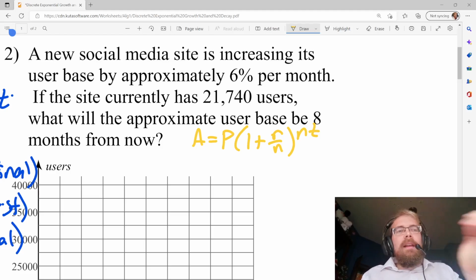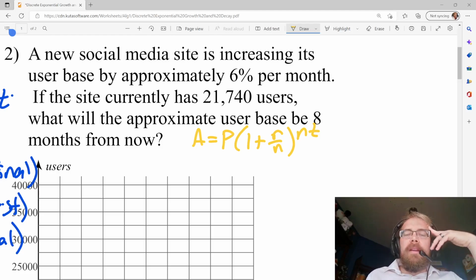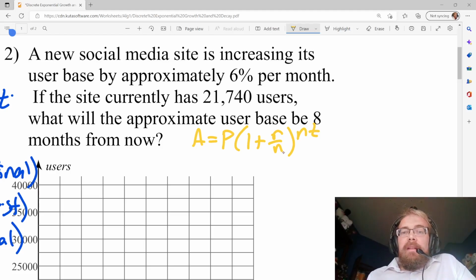I didn't realize this, because when I looked at number 2, I thought we would be compounding a different number of times than just once for n. But then I didn't actually read all of number 2 until just now. Time is in months, so we're still compounding once in a month.